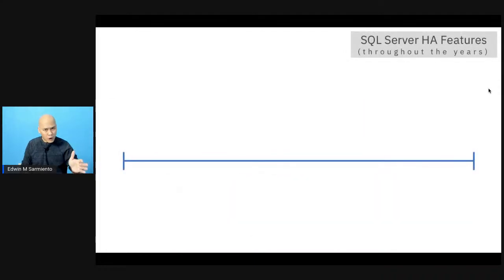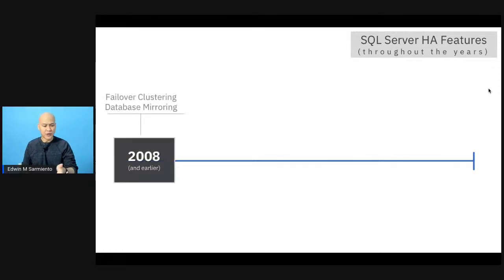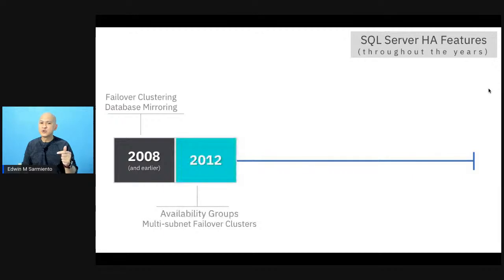And so we look at all of the features throughout SQL Server's lifespan. We started off with failover clustering and database mirroring from 2008 and earlier. Of course, we're not discounting log shipping and backup, copy, and restore, but those are not high availability solutions. Those are more for disaster recovery. And then SQL Server 2012 introduced Always On availability groups, and with Windows support, deploying multi-subnet failover clusters that span different data centers.